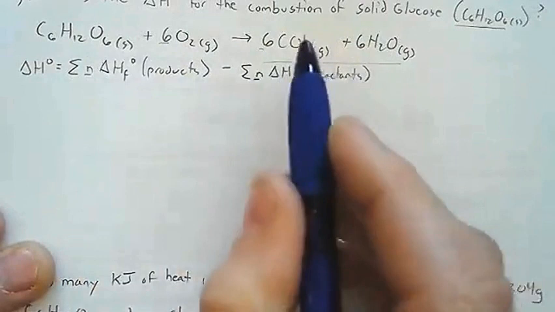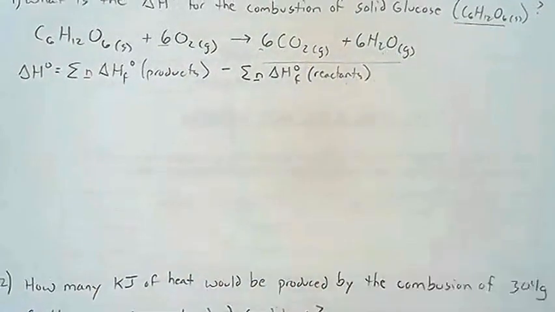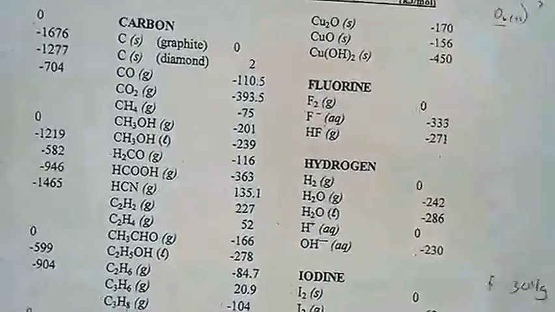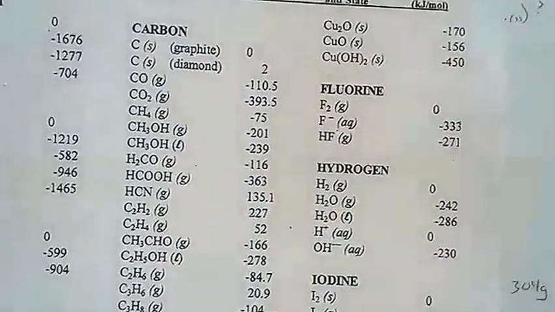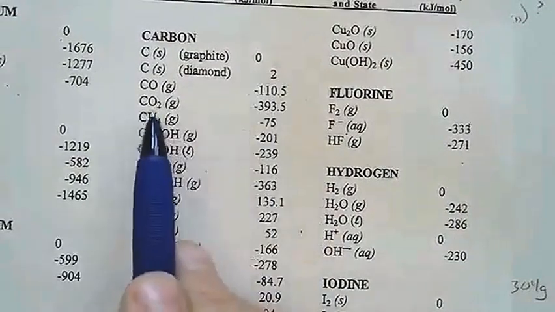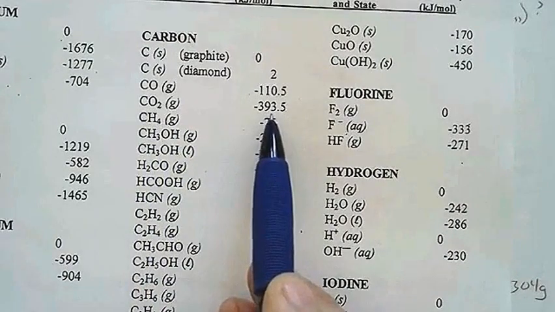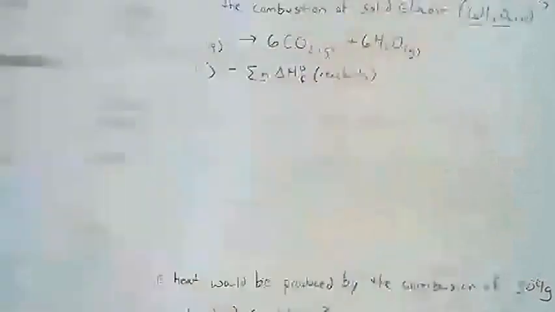So for the products, we have carbon dioxide and water vapor. Now for carbon dioxide, using the standard enthalpy chart, we see that CO2 is negative 393.5 kilojoules per mole.